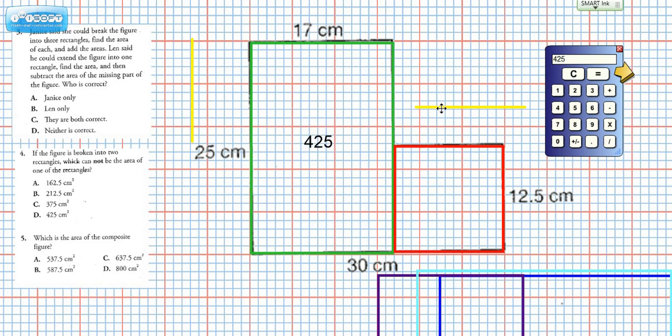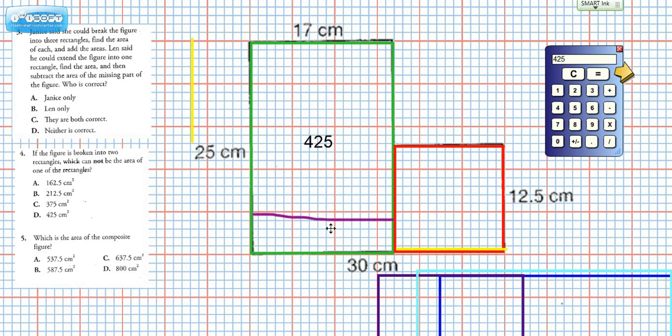All right, let's look at the red shape. Now, we would need to infer the length of this yellow line. We have the dimension here. Now, to infer that length, here's what we know. We know that this whole line is 30, and we know that from here to here, so let me trace that, maybe a purple, from here to here would be 17.